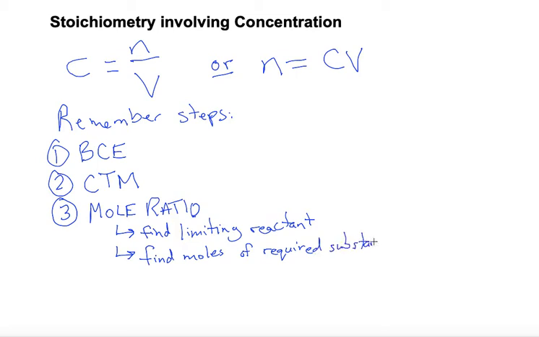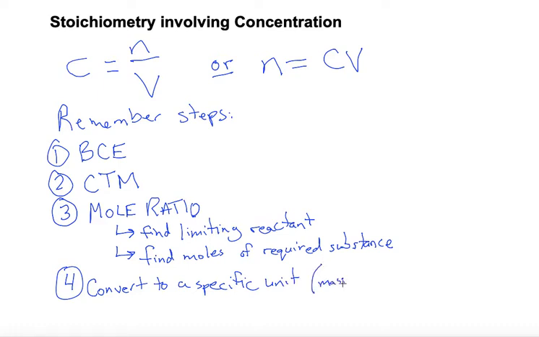Once we've got our mole ratio step complete, it means we'll have found the moles of the substance that we're looking for. And then the last step is to convert to a specific unit. If you remember, our specific unit could be a mass unit, so grams, or particles, getting into Avogadro's constant again.